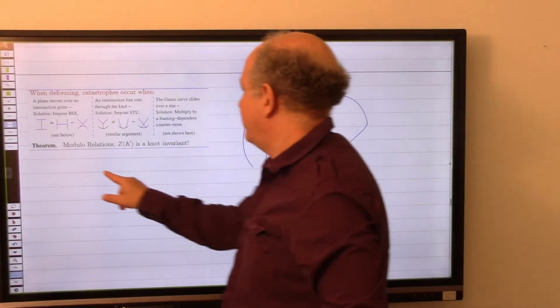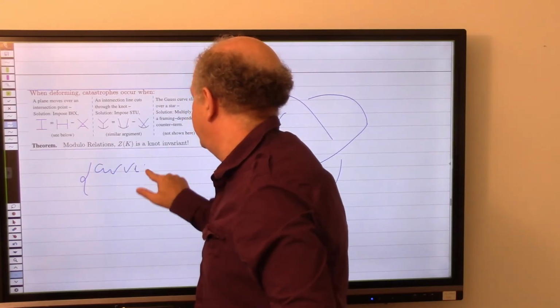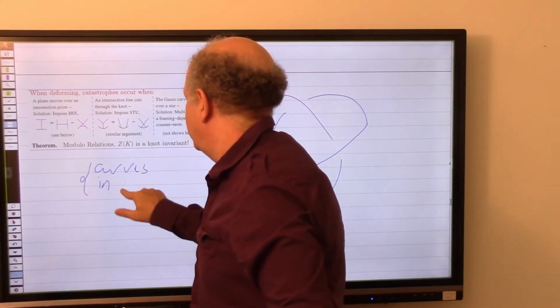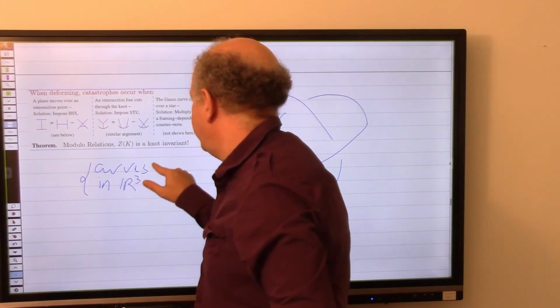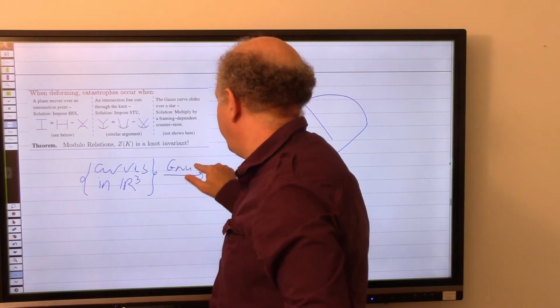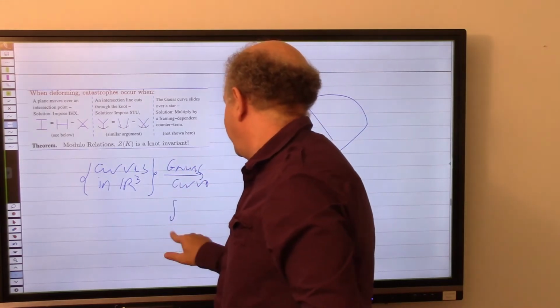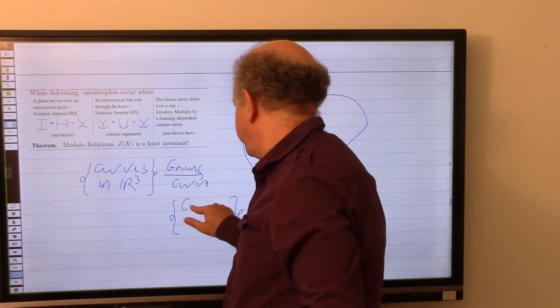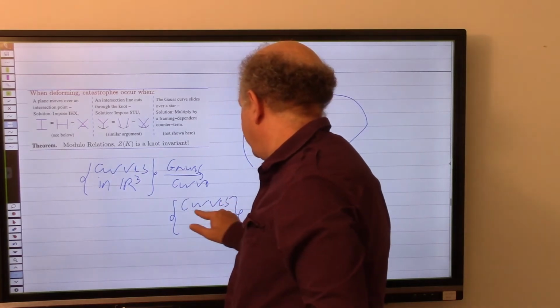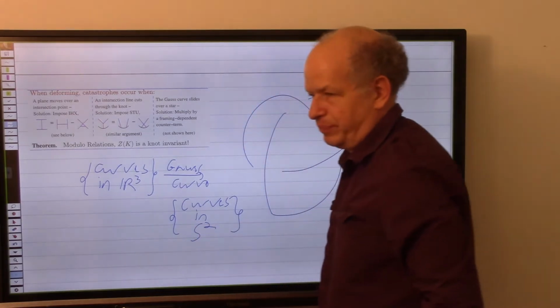So really this is a map from curves in R3 to curves in heavens, namely in S2.